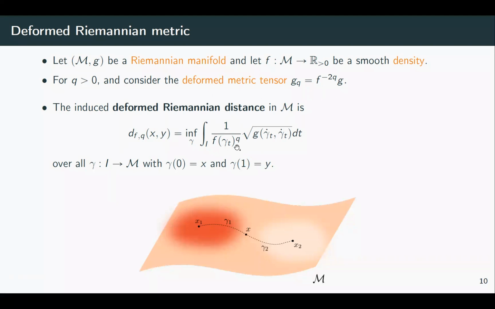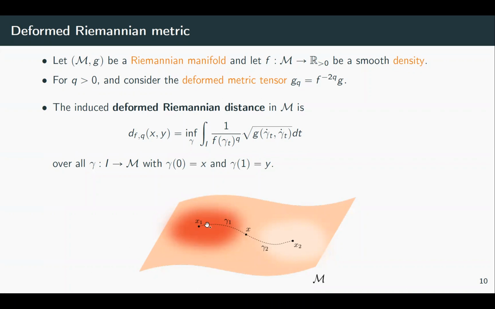So we are recovering the original Riemannian metric or distance. But if f is not uniform, then here we're penalizing paths that go through areas of low density, and the amount of this penalty is quantified by this parameter Q.